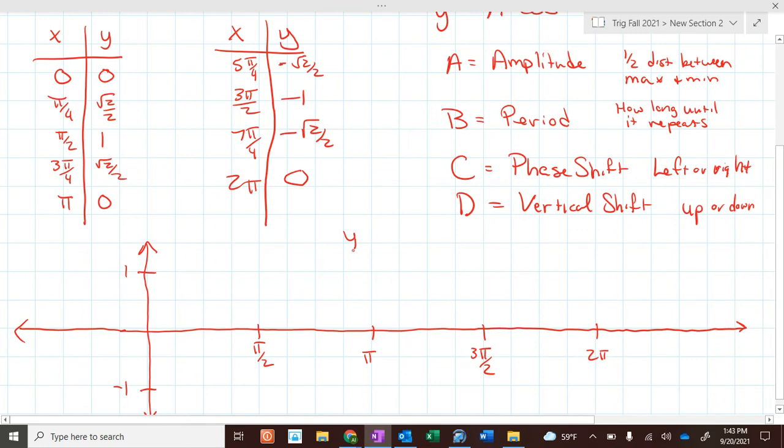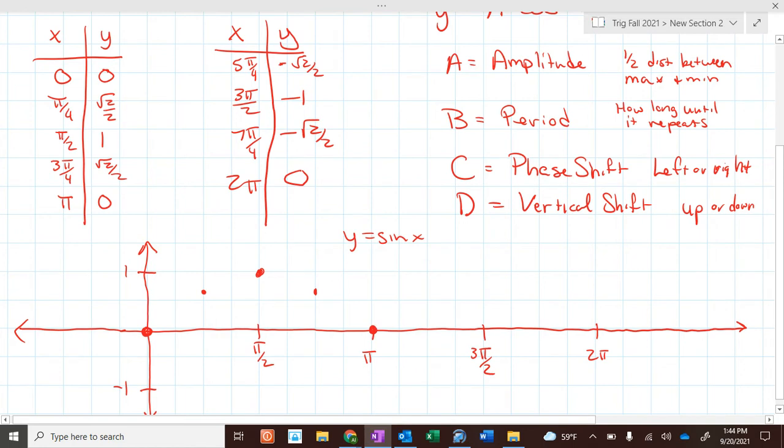Now, if we're graphing y equals the sine of x on the graph below, 0, 0 is a point. Pi over 4 is halfway in between 0 and pi over 2, right? And that's square root of 2 over 2, which is about 0.7. At pi over 2, what's my value? 1. 3 pi over 4, it's about 0.7.